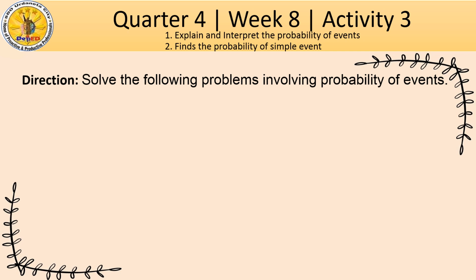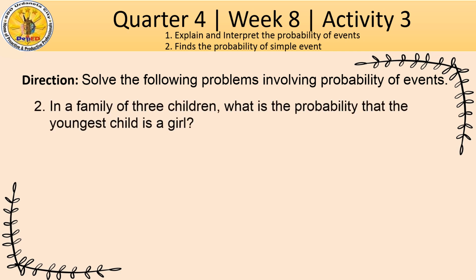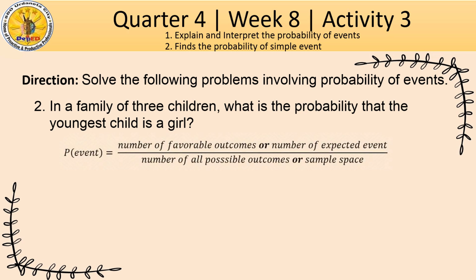For number 2, we have in a family of 3 children, what is the probability that the youngest child is a girl? Again, we will use this formula in finding the probability of an event. So what is the chance or what is the probability that the youngest child is a girl? Let's remember that a child can be girl or boy.